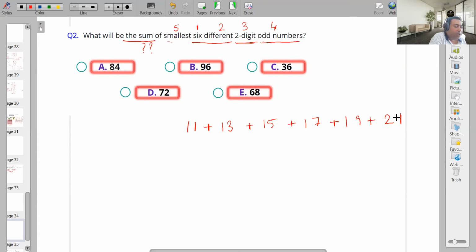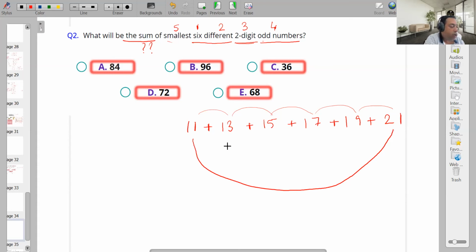Now here we see that all these numbers have the same difference, which is 2. So we apply Gauss theory, where the numbers are in increasing order with the same difference. If you add 11 plus 21, you will get 32. Then 13 plus 19, you will get another 32.